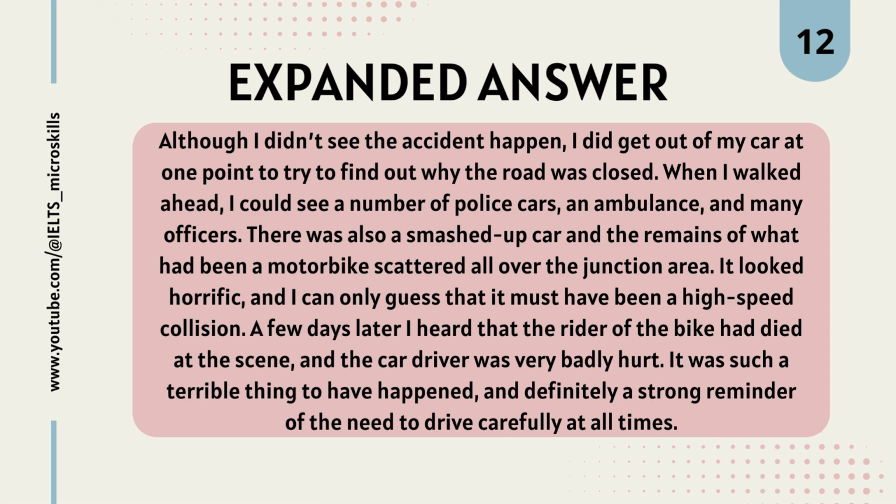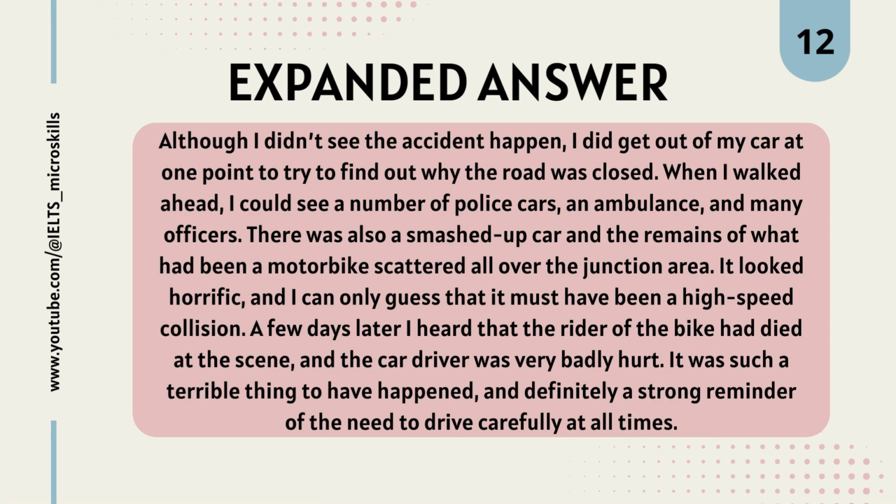Although I didn't see the accident happen, I did get out of my car at one point to try to find out why the road was closed. When I walked ahead, I could see a number of police cars, an ambulance, and many officers. There was also a smashed up car and the remains of what had been a motorbike scattered all over the junction area. It looked horrific, and I can only guess that it must have been a high-speed collision.